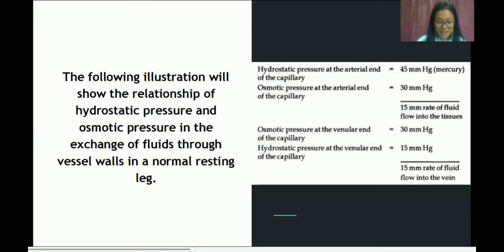Since it is entering the tissue at the rate of 15 mmHg and leaving at the same rate, there is a continuous circulation and no accumulation of fluid occurs in the interstitial spaces. However, not all the fluids in the interstitial spaces return to the venules. Some are drained off through the lymphatics.